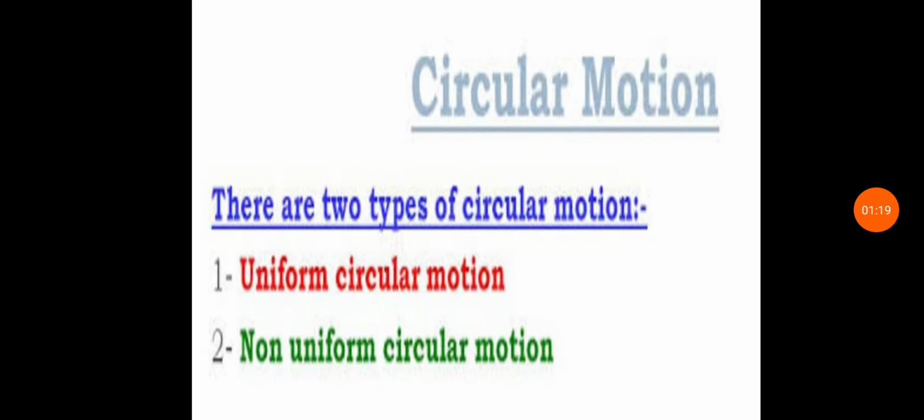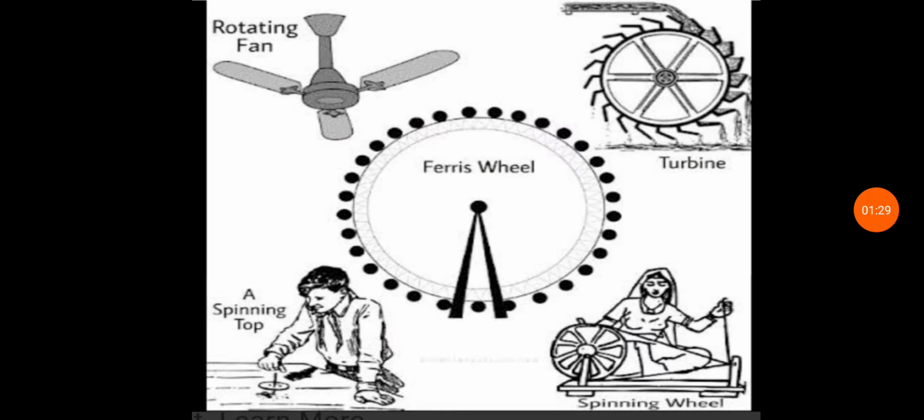Now, circular motion is of two types: uniform circular motion and non-uniform circular motion. What is uniform circular motion? You can see in the figure, these are all examples of uniform circular motion: the rotating fan, the wings of the fan moving in a circle, the Ferris wheel, the turbine, a spinning wheel, a spinning top.